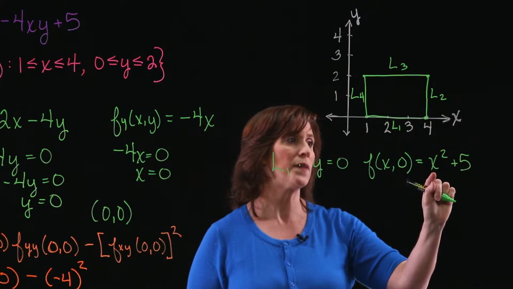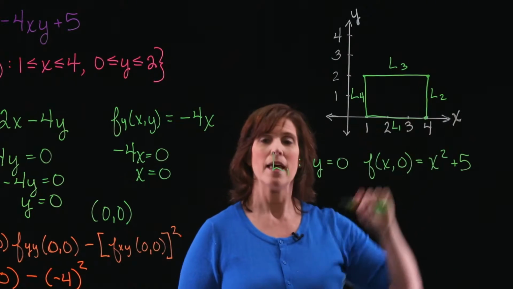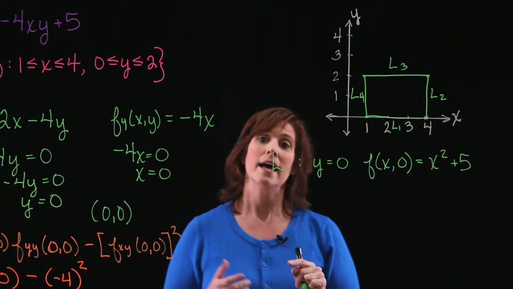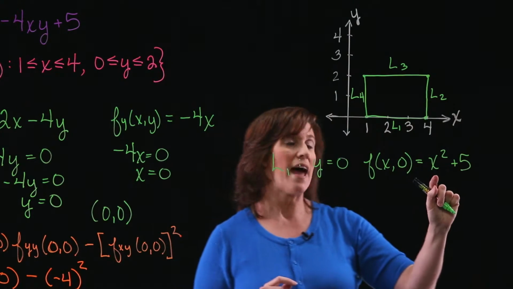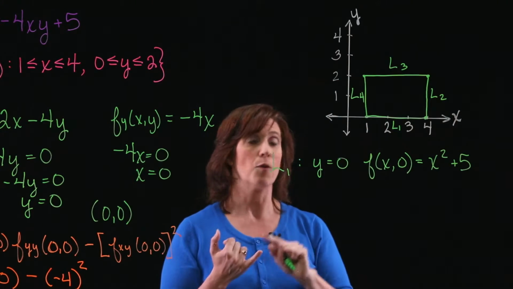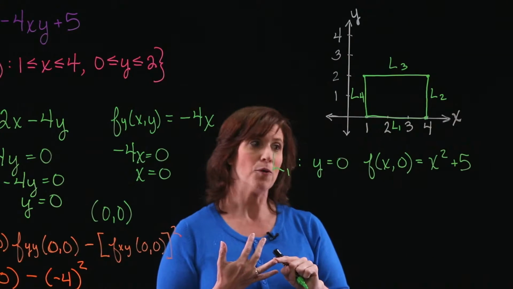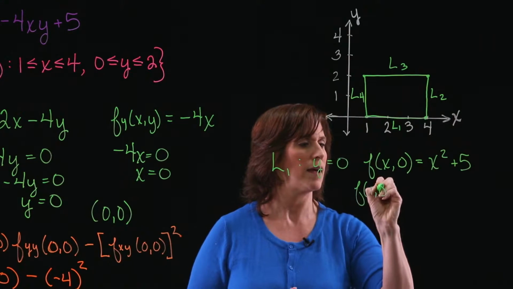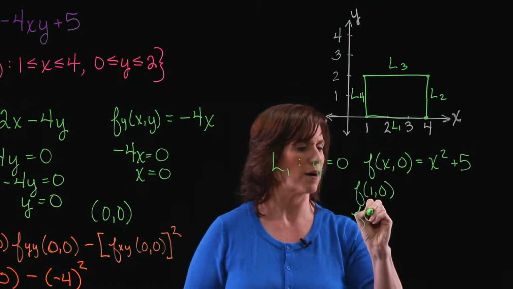All right, now I know what this looks like. It's a parabola. And I also know that my x values are going from 1 to 4. Now a parabola that is going to have a vertex of 0, 5 is going to be increasing on the interval from 1 to 4. So I'm only going to check out what happens at 1 and what happens at 4.